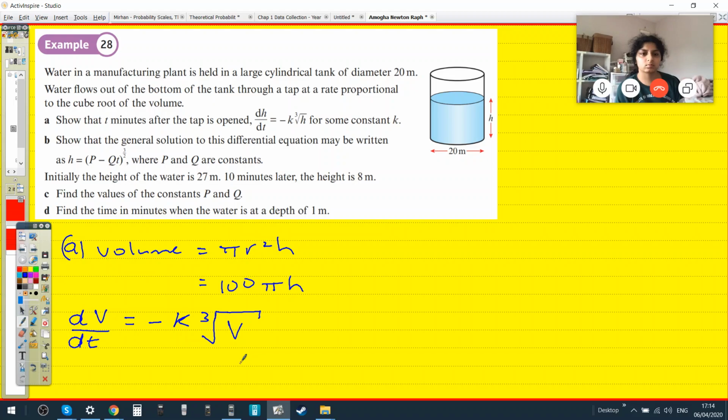And so what goes where? Oh, is it because 100 pi is like a number, so you can cube root it? I suppose. So the volume is 100 pi h. Wouldn't that just be included as part of the k? You could put that into the k.